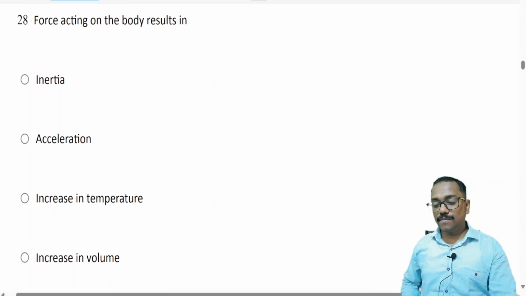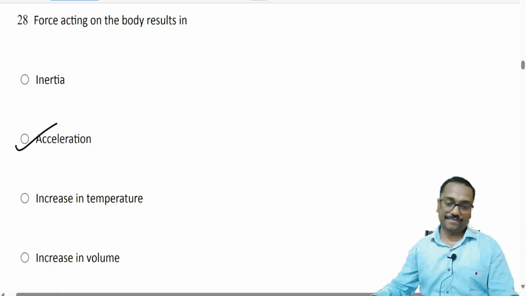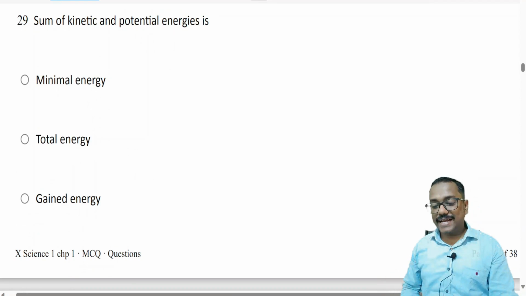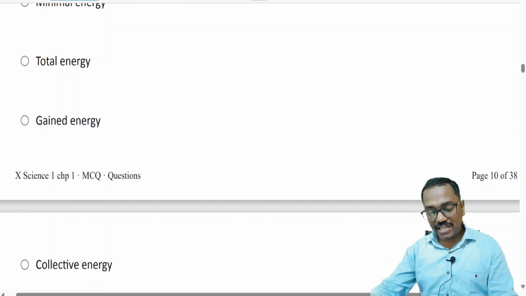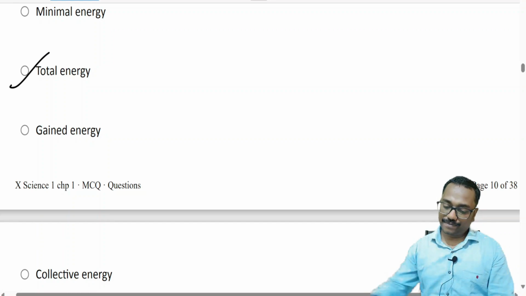Force acting on the body results in inertia, acceleration, increase in temperature and increase in volume. So its answer is force acting on the body results in acceleration. 29th question. Sum of kinetic and potential energies is minimal energy, total energy, gained energy, collective energy. So its answer is total energy.